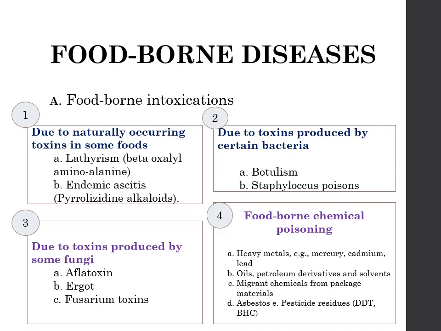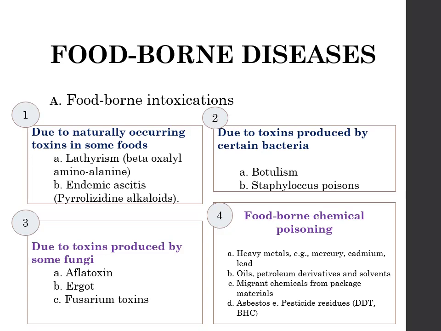Foodborne diseases are classified broadly into foodborne intoxications and foodborne infections. Foodborne intoxications are further divided into four types. The first one is the diseases which occur due to naturally occurring toxins in some food, like lathyrism and endemic ascites.